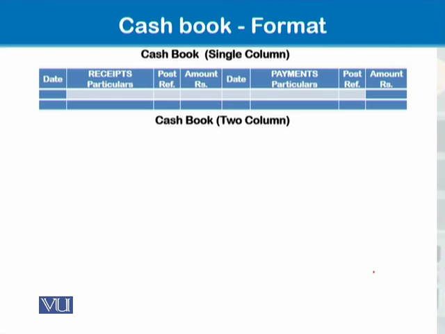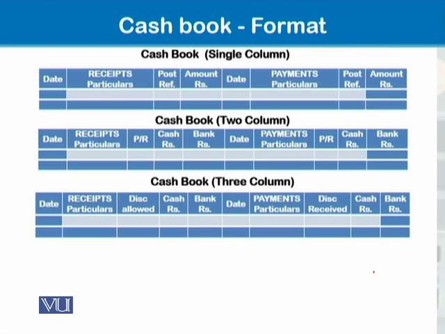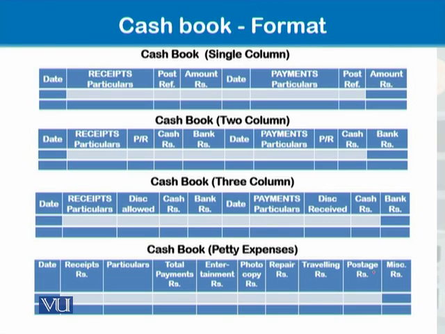There are a few formats of these cash books: single column cash book, two column cash book, three column cash book, and petty cash book. Just observe the difference between these four cash books. In the single column cash book, we have a receipt side and a payment side, and this is the dividing part.